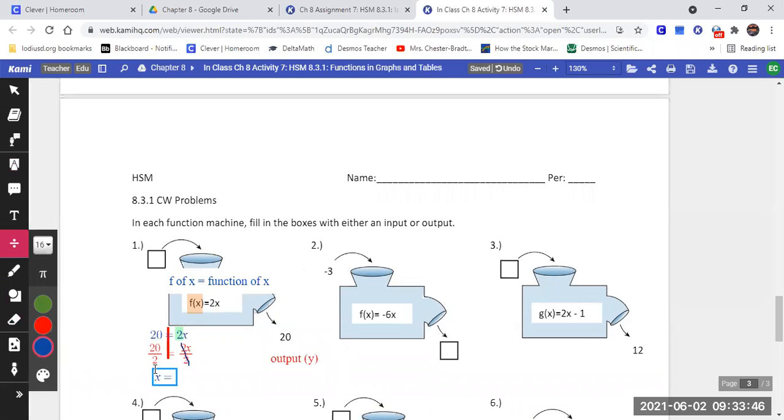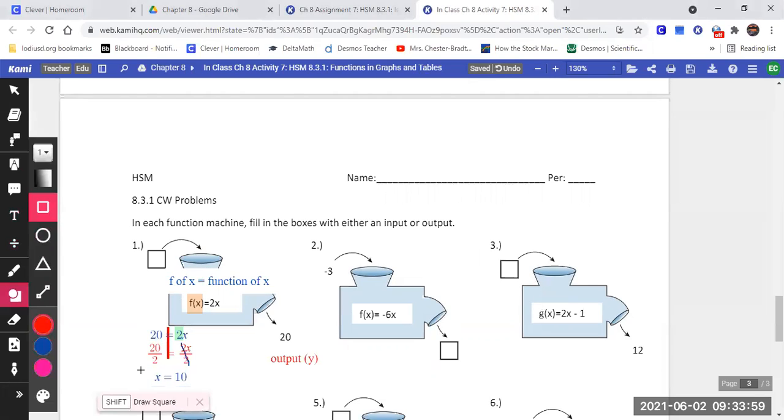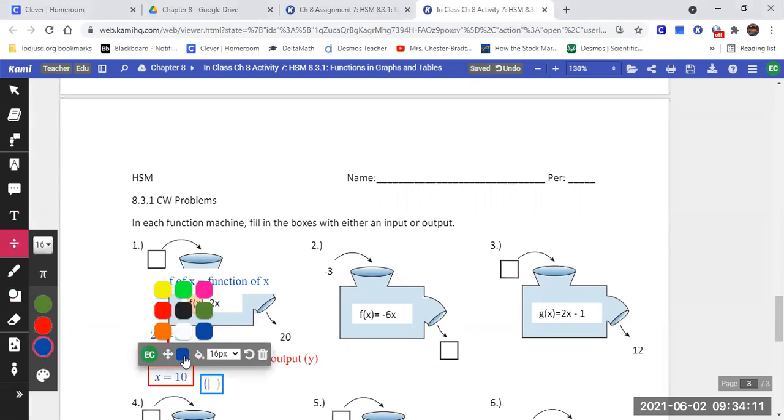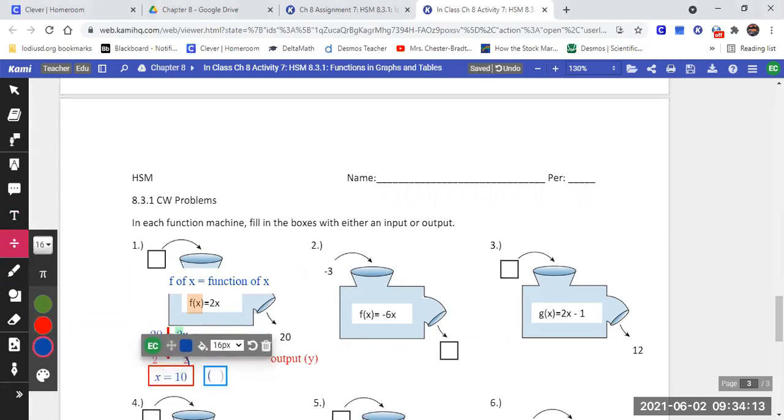X equals 10. Okay, and then how would I write this as an ordered pair? Because that's ultimately what we're making, ordered pairs. What would my ordered pair look like? Yeah, 10, 20.